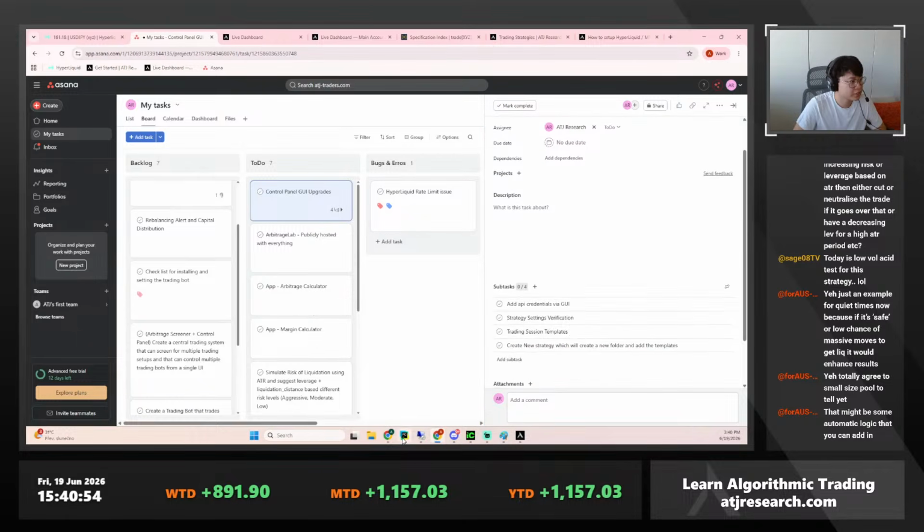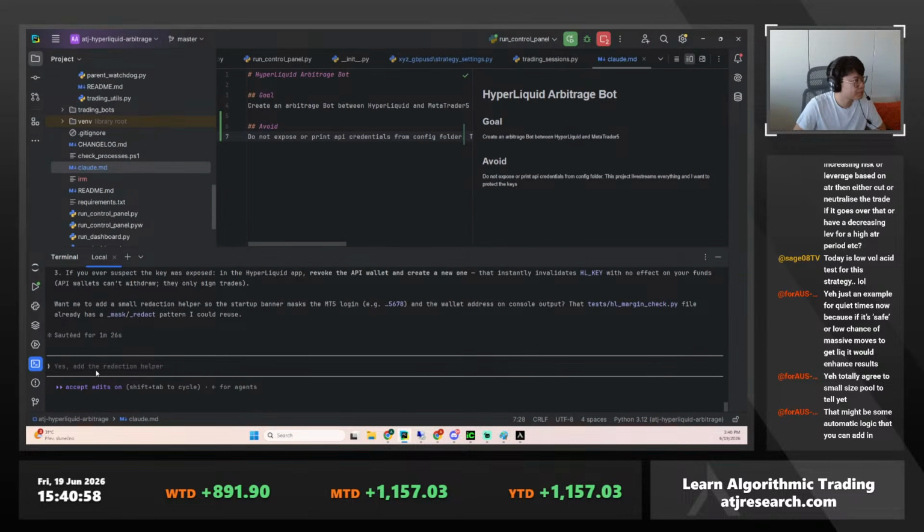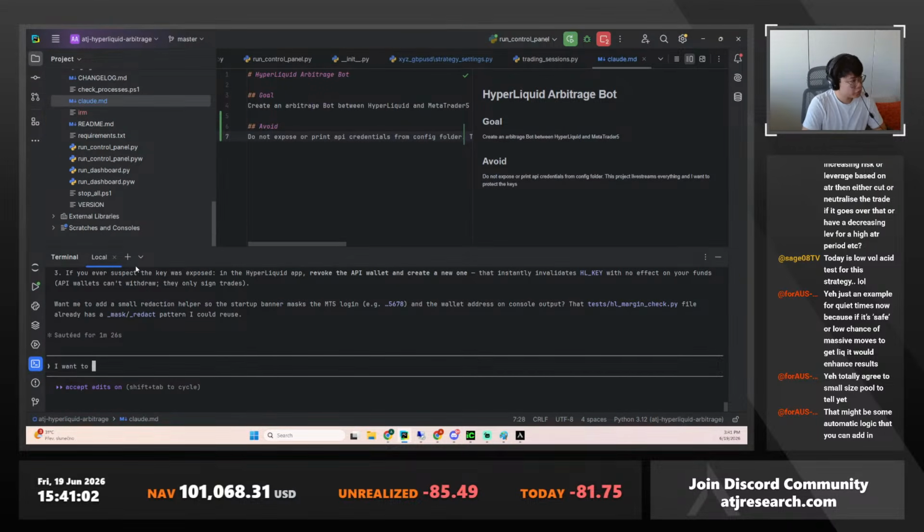Strategy settings verification. So let's start with this one. I want to create a function that double checks the strategy settings, making sure that there are no mistakes.